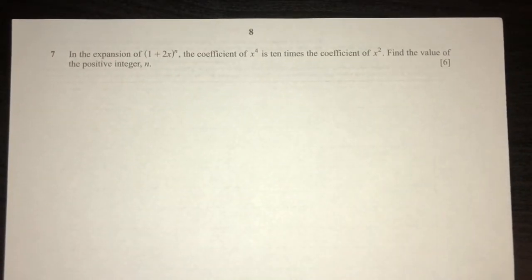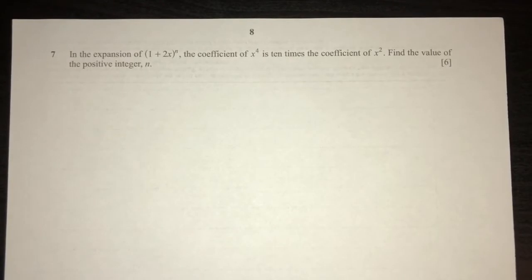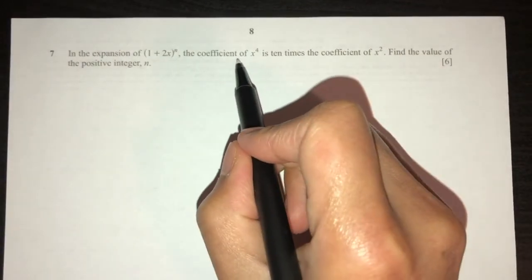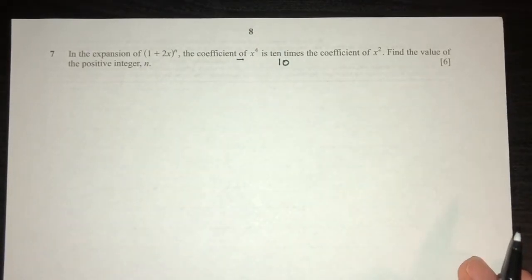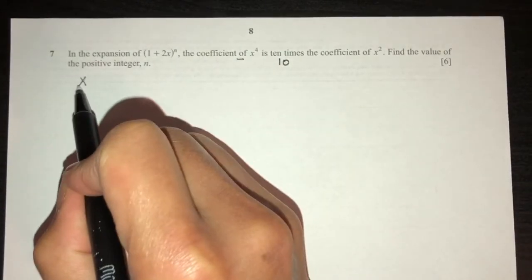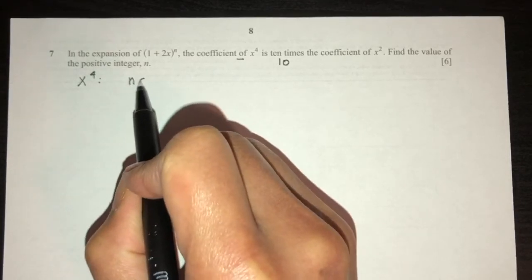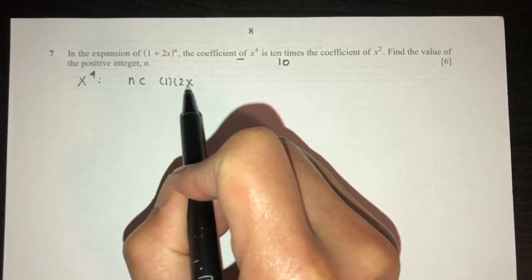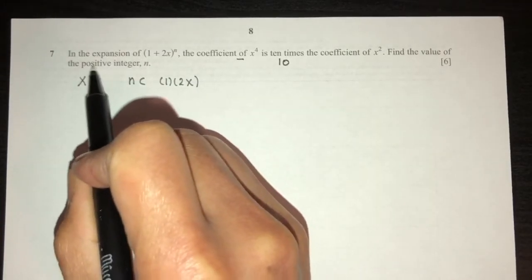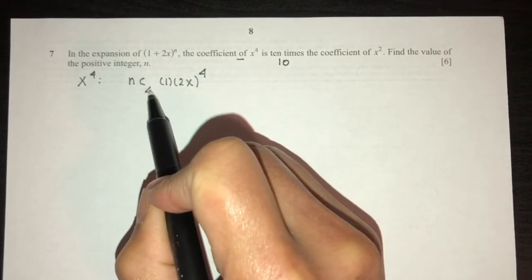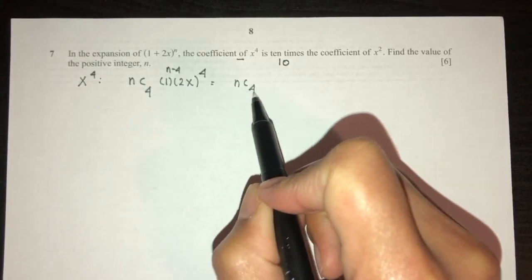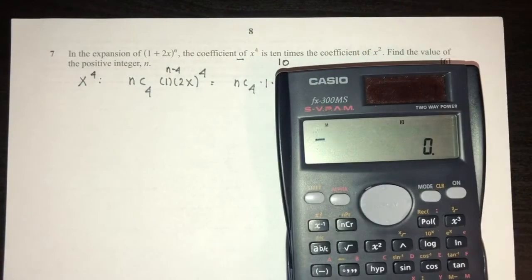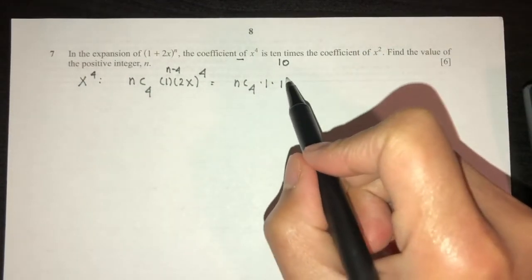Now question number 7. In this expansion, the coefficient of x power 4 is 10 times the coefficient of x power 2. Find the value of n. So let's find this step by step. First, let's find the coefficient of x power 4. So we have n choose something, we have 2x. For us to get x power 4, we have to have 4 here, and this will become 4, and this will become n minus 4. So you have n choose 4 times 1, now 2 power 4 will be 16 x power 4.